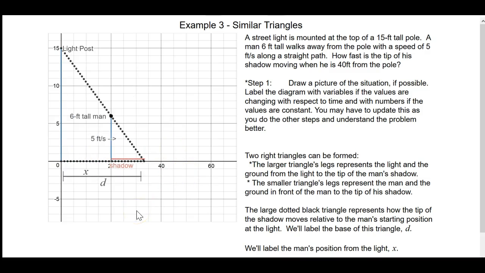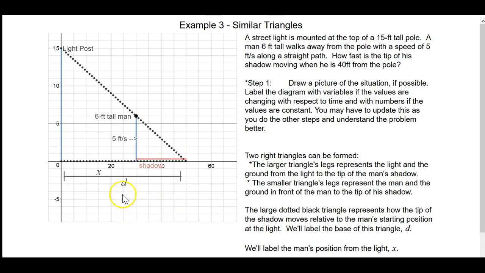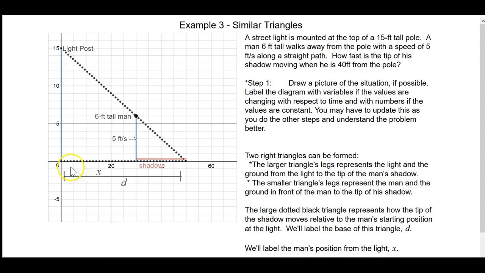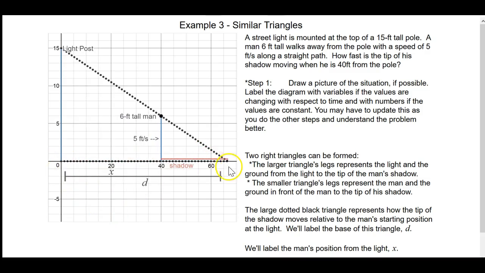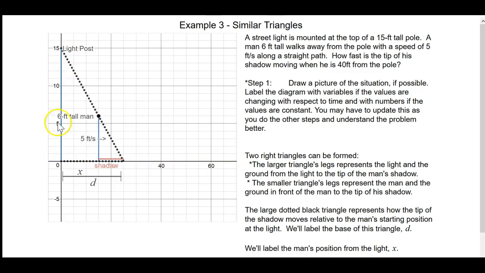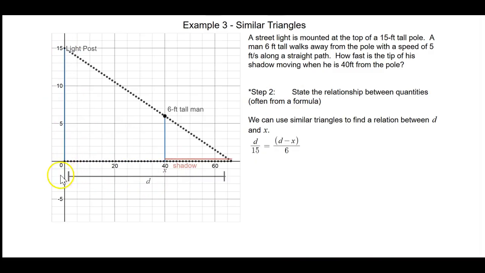And I've labeled the man's position from the light as the distance x, and the distance the tip of the shadow is from the light by d. So here is the distance that the tip of the shadow is from the light pole, and here's the distance x that the man is from the light pole.